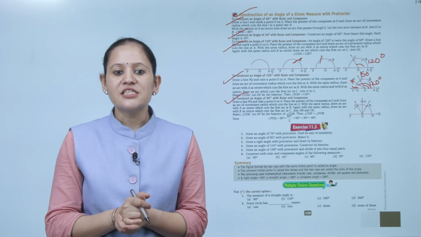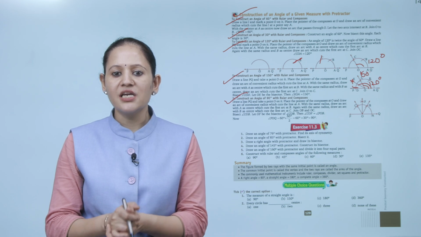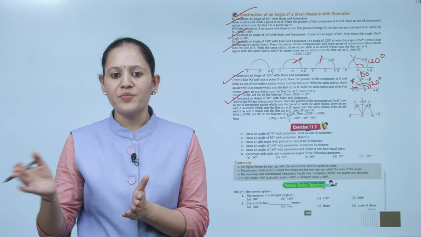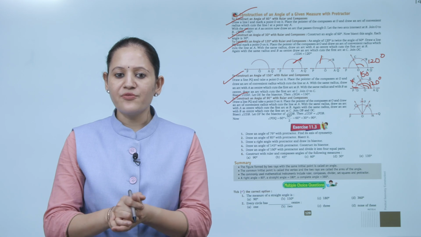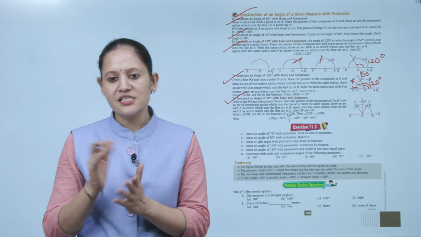Now bisect COB. Let OF be the bisector of COB and COF equals FOB. Angle FOQ equals 60 plus 60 upon 2, that is 60 plus 30, that is 90 degree.